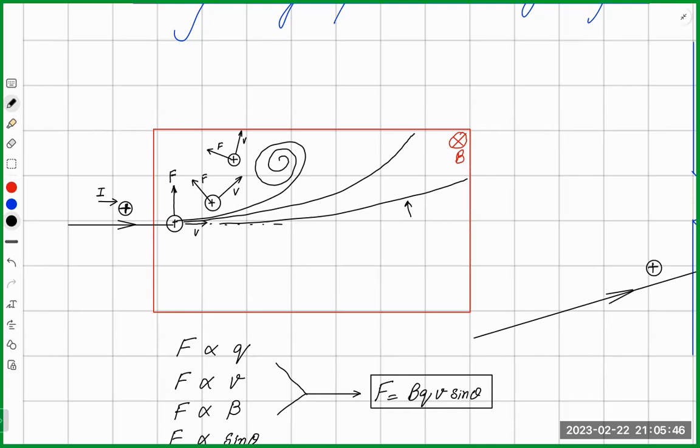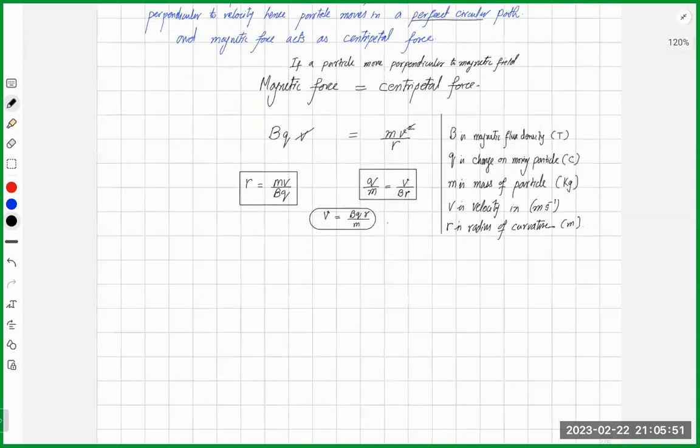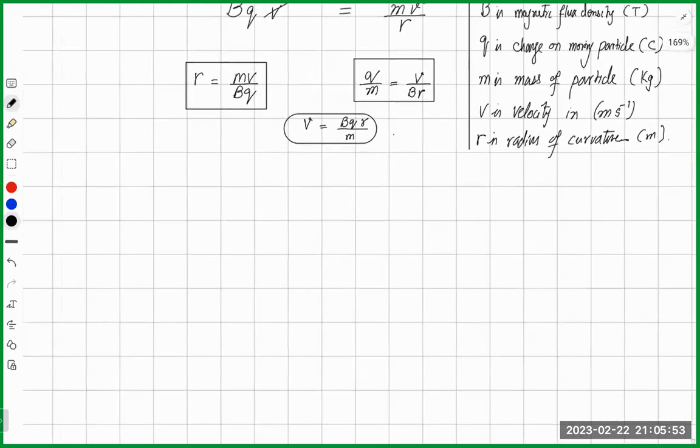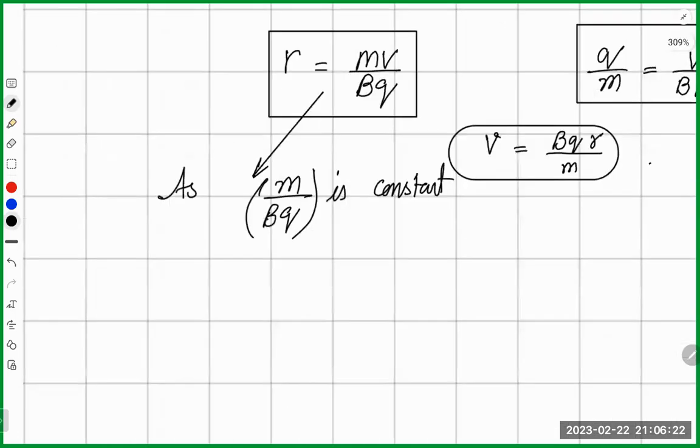Now, what do we learn from here is, as m over bq is constant, pay attention.